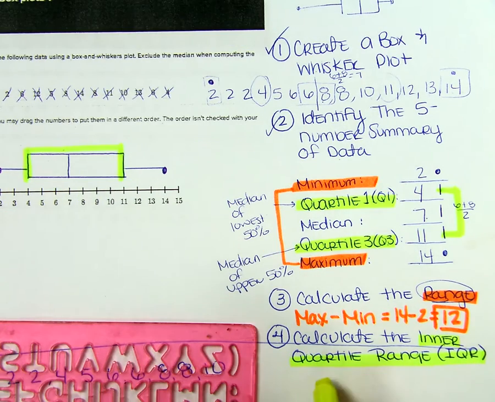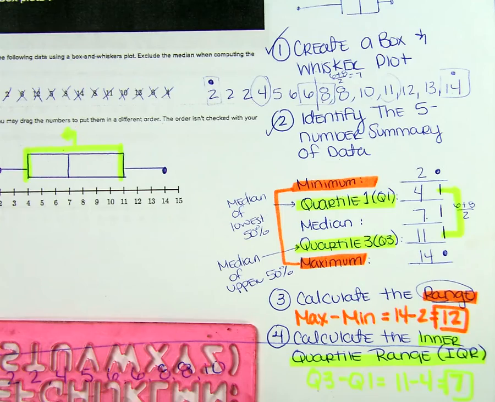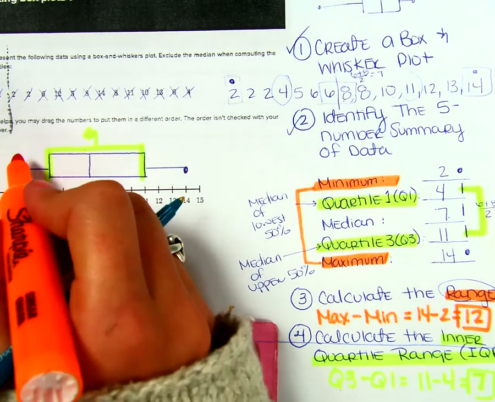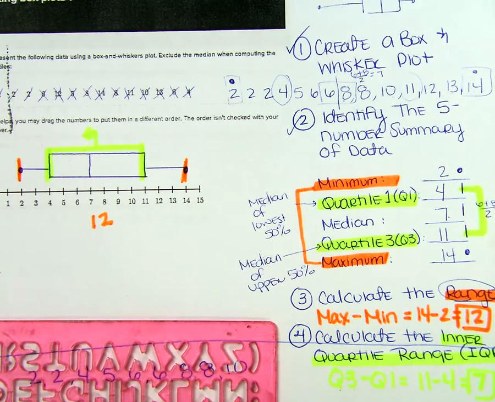So quartile 3 minus quartile 1. Quartile 3 is 11. Quartile 1 is 4. And 11 minus 4 would be 7. Meaning that this box is 7 units apart. And the data itself is 12 units apart. Okay?